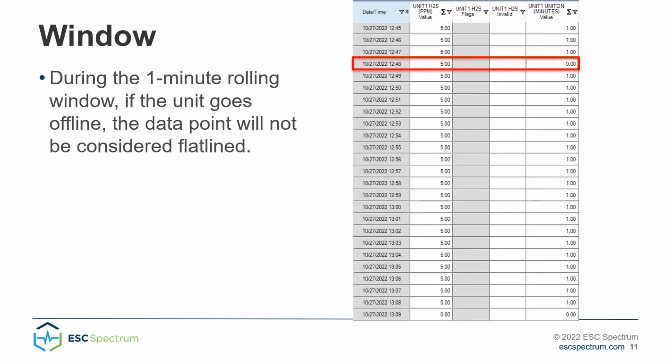That means the unit was off, so this data point is not flatlined. And this may be important when considering your window. You might want to decrease that window accordingly if your unit is constantly up and down.